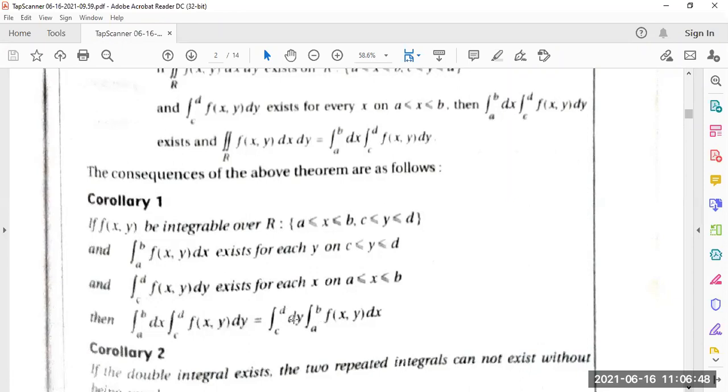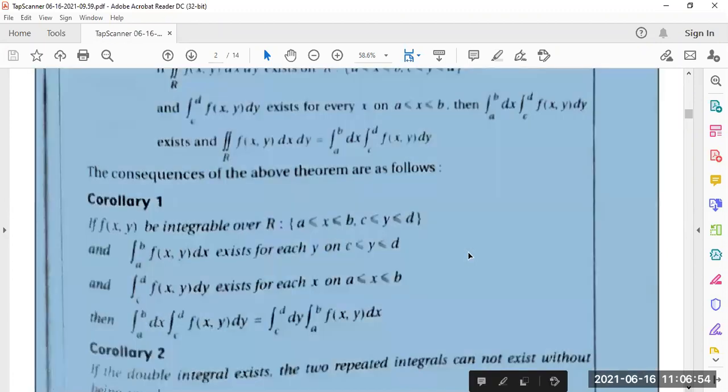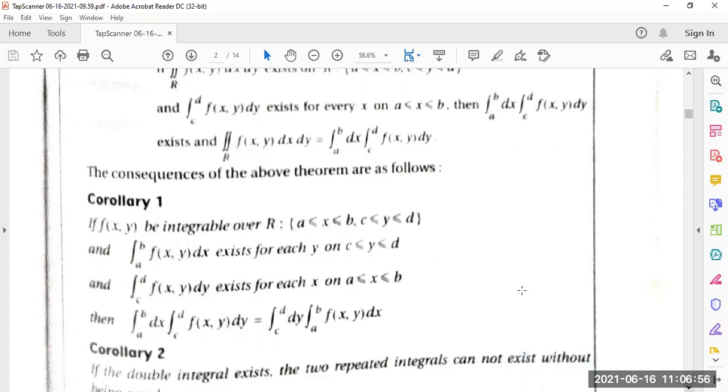But here it is c to d dy and a to b of f of x,y dx. If both of these integrals exist, then we can say this. Is it clear? If both of the integrals exist, then we can say that both are equal. There is no difference between them.